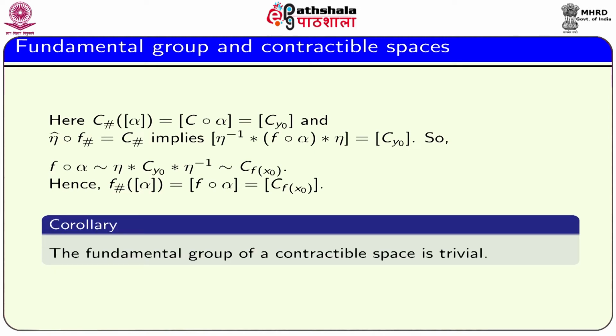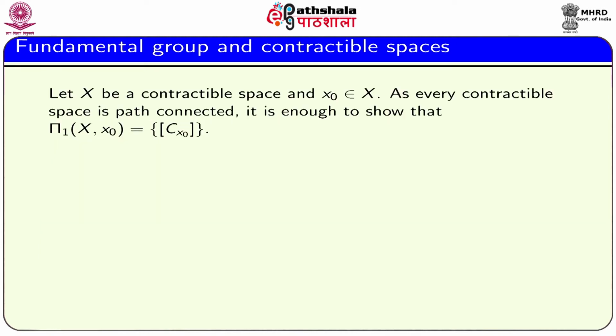Now, we get another corollary from the theorem, which is a very important one. It says that the fundamental group of a contractible space is trivial. Suppose we take capital X as a contractible space and we choose a point x0 from capital X. As every contractible space is path connected, it is enough to show that the fundamental group of X based at x0 is equal to a trivial group.